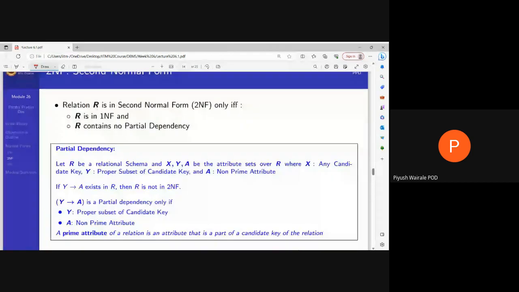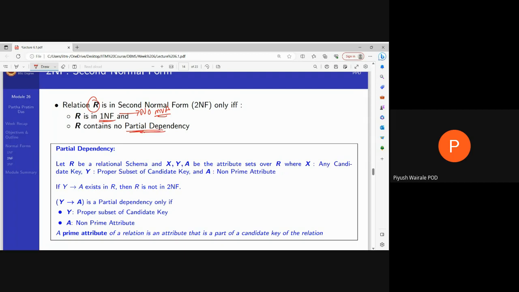The first one is relation R must be in first normal form, that is, no multi-valued attribute should exist. If it is 1NF, then we can check whether R contains partial dependency or not. If partial dependency is there, then it is not in 2NF. So what is partial dependency here?